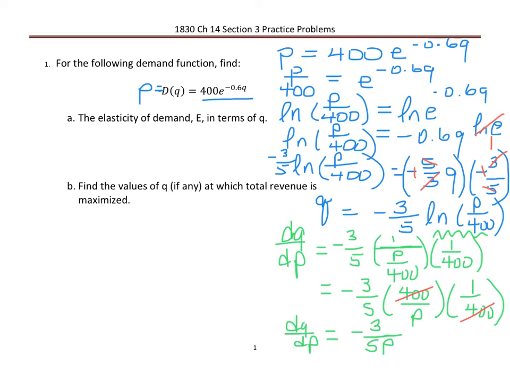So we now have the beginning of what we need to be able to find the elasticity of demand, which is E. And you need to remember that E is negative P over Q times dQ dP. And so that's going to be negative P over Q times our derivative, negative 3 over 5P.